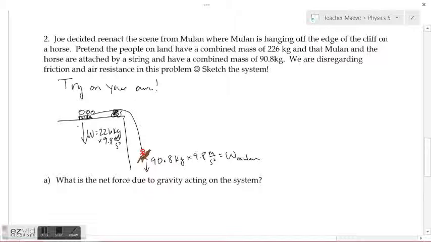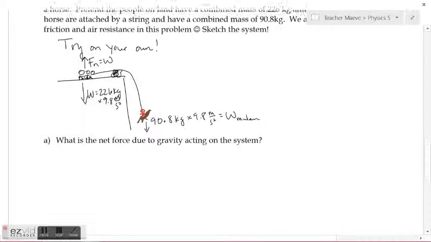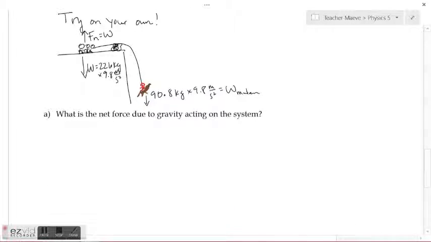It doesn't really matter what that is, but we know that it's exactly the same as the normal force pushing back up on them. So without this string attached to them and without the horse, they're in equilibrium. But then Mulan and the string and the horse is this extra mass and extra weight going down.